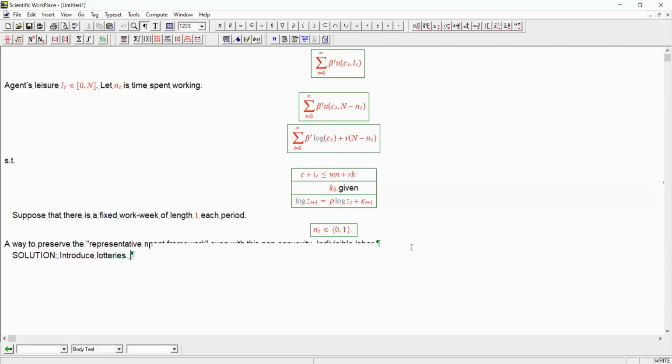So agents now choose a probability, call it H, of working. Now, when you studied game theory, you may remember that having mixed strategies, which of course introduces probabilities, is a way of convexifying things and ensuring things like existence. So you can think of it that way if you wish.